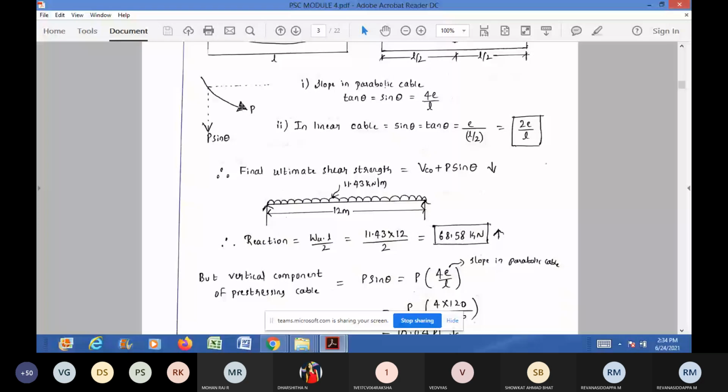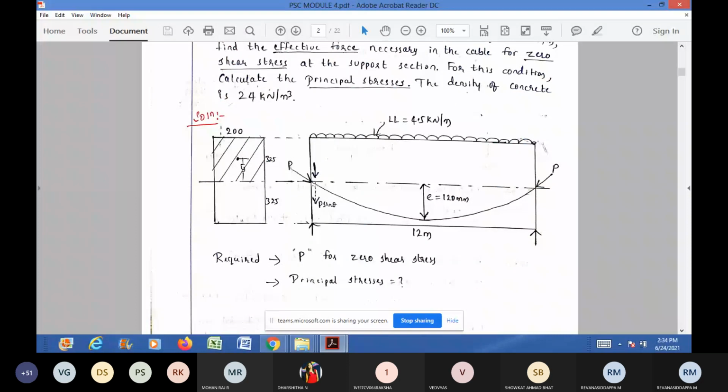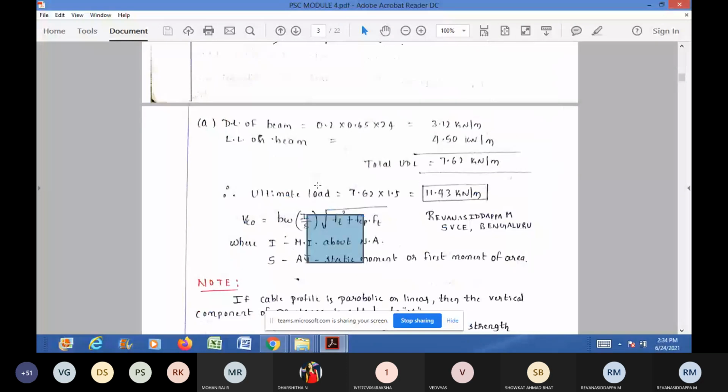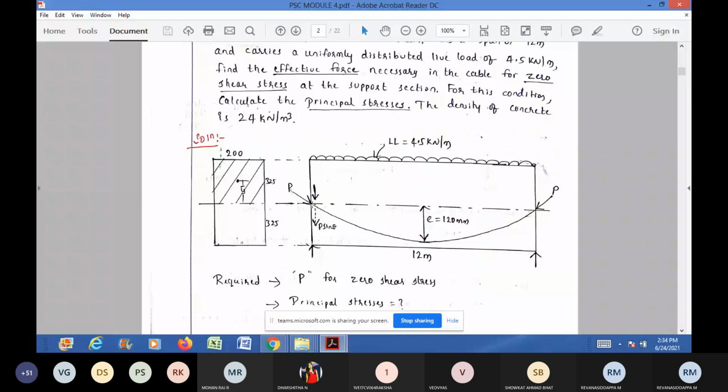Now here the profile of the cable given is a parabolic cable. Now you are determining the shear force. Whatever the force which acts on the cable, it is along the cable, right? It will be inclined in nature. So what you need to do is find the vertical component of that pre-stressing force which exists along the line of the cable.